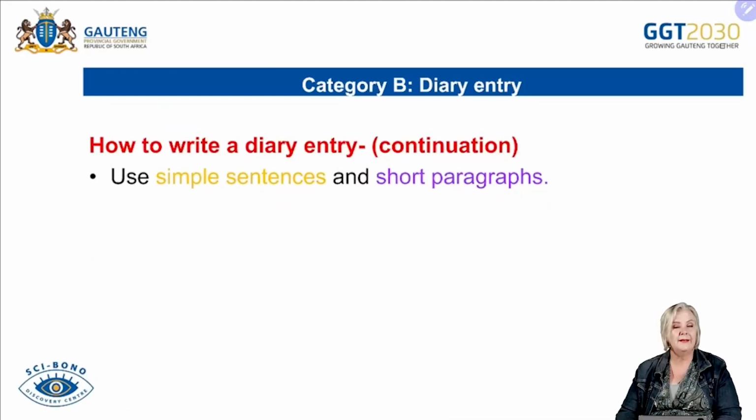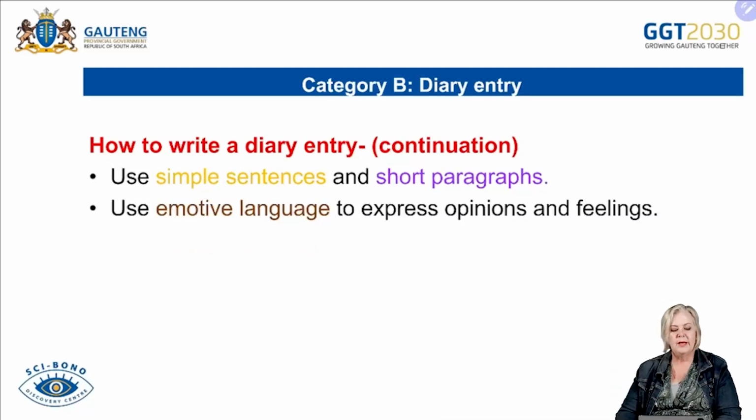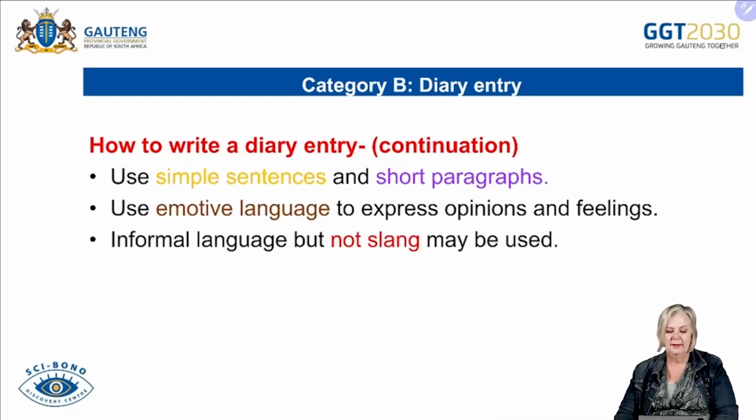Use simple sentences and short paragraphs without giving up on expression and description. Use emotive language to express opinions and feelings. Informal language may be used here, but please avoid slang and profanities or swearing, even if it's only for your eyes.